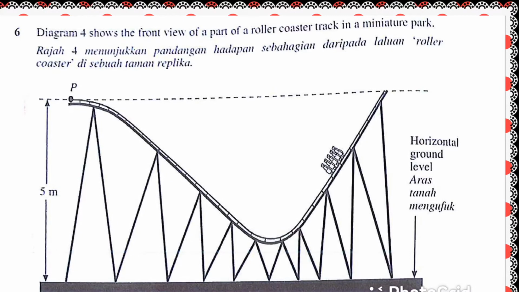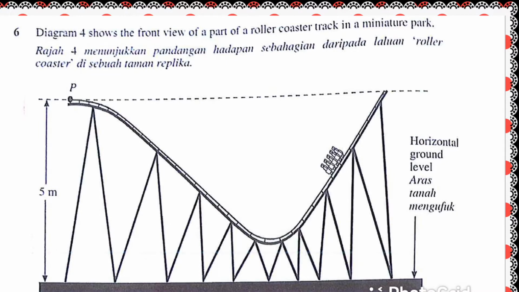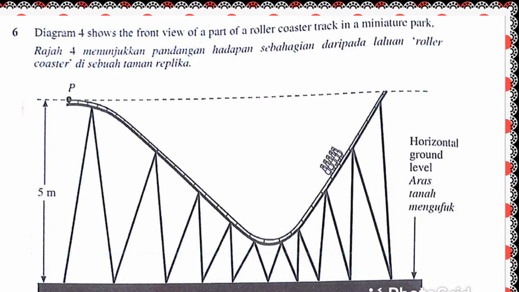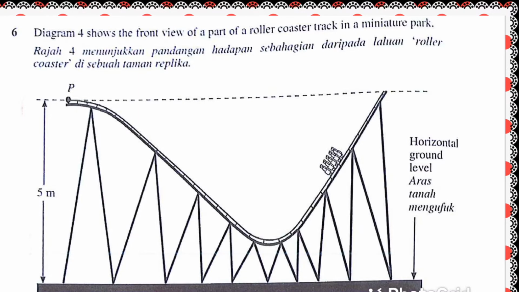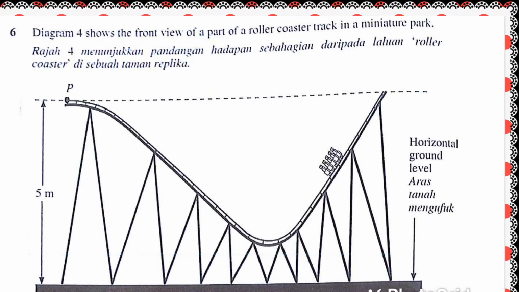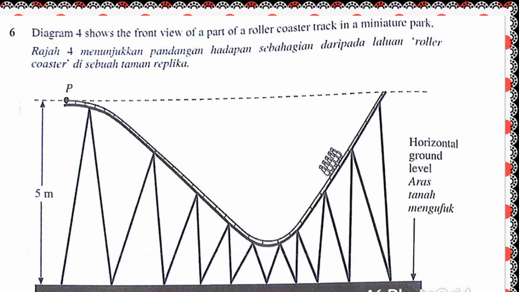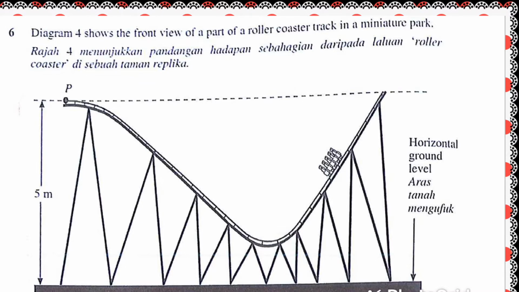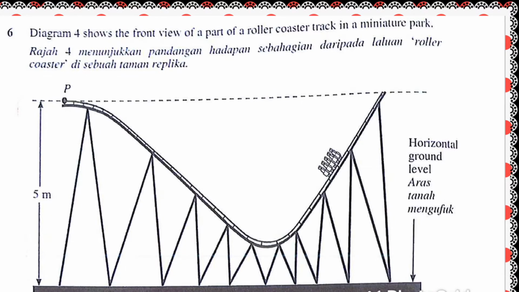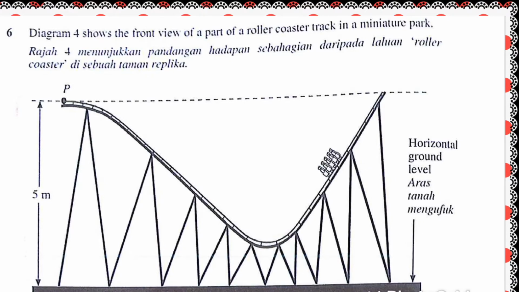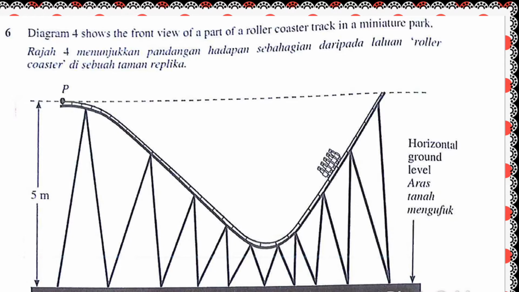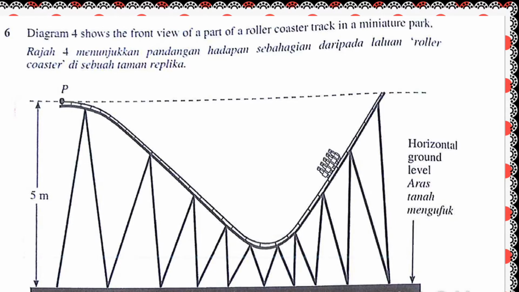If not, you can use dy dx, or differentiation skill, and let dy dx equal to 0. We call it the derivative. Let the first derivative equal to 0. Derivative means dy dx, and f prime x is also dy dx. Now the question is asking you to find the minimum distance. The curved part of the track of the roller coaster is represented by an equation.